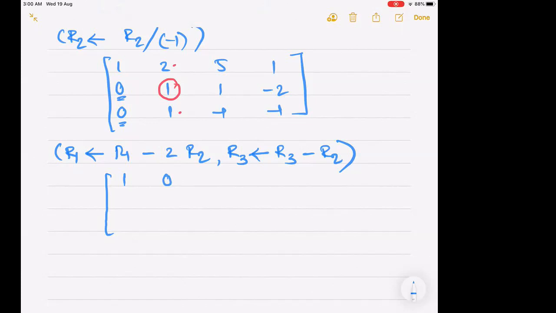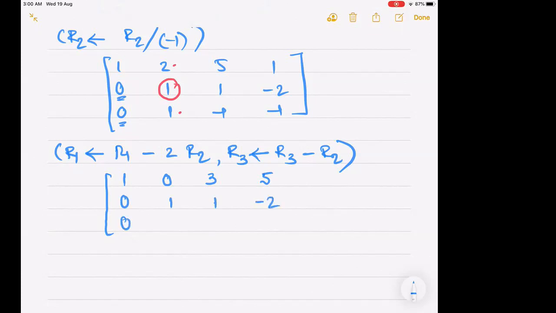Now, with this guy becomes 0, of course. Then I have 5 minus 2, which is 3. And then I have 1 plus 4, so 1 plus 4 happens to be 5. I hope I have not made a mistake here. 2 minus 4, yeah, it's correct. This, of course, is 0, 1, 1, minus 2. This doesn't change.